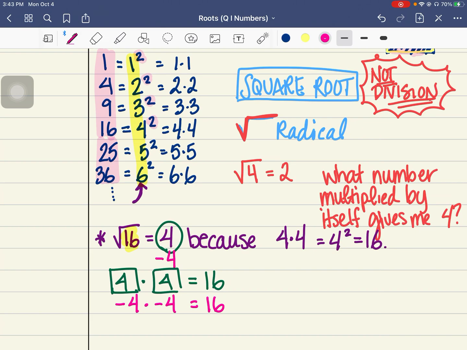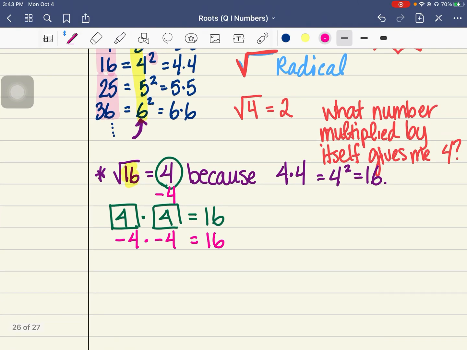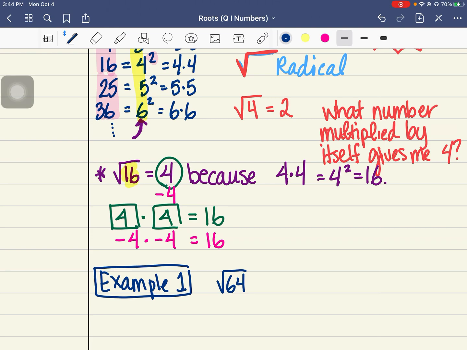So how do we know which answer we want to get? Well, this is how you'll know. Let's do our first official example. Let's say I have the square root of 64. Remember, we're thinking about what number multiplied by itself gives me 64. Well, I know 8 times 8 is 64.